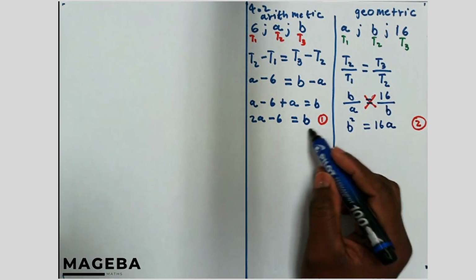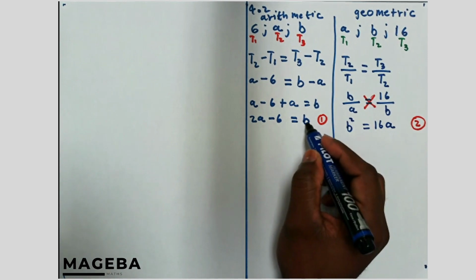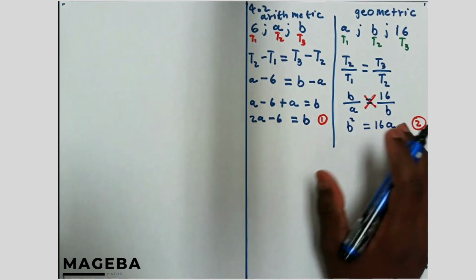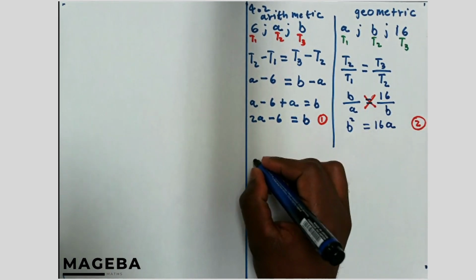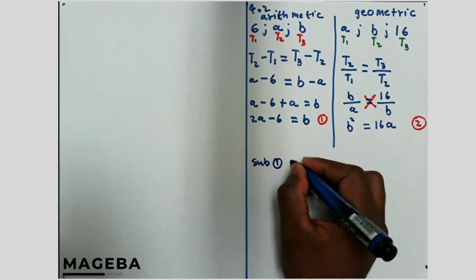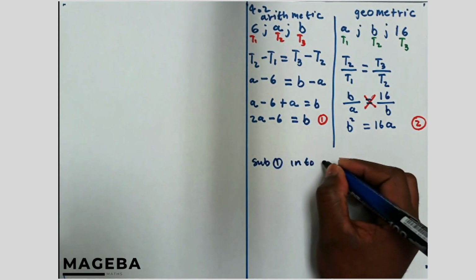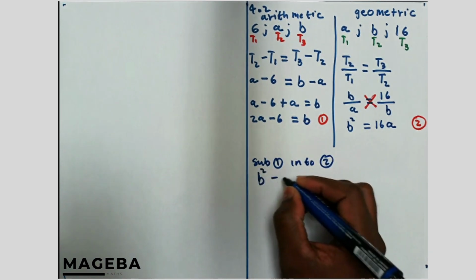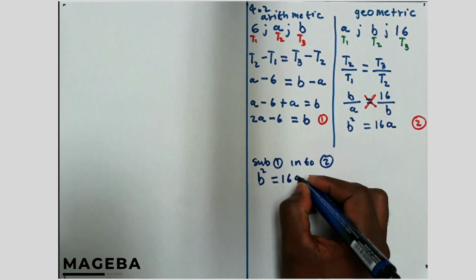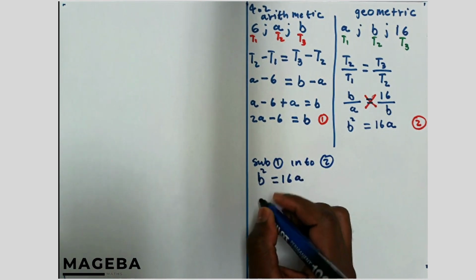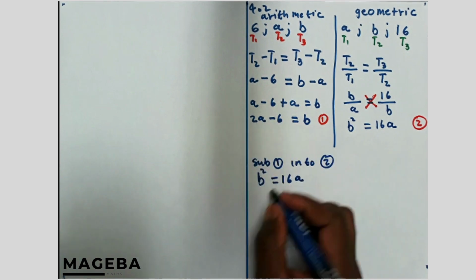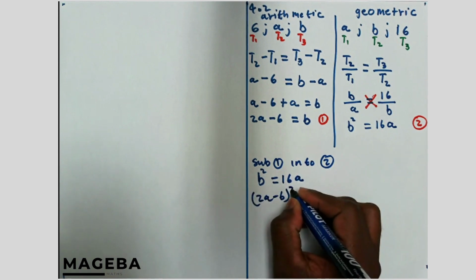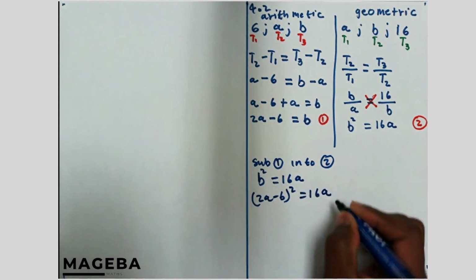From these two equations, I know that B is equal to 2A minus 6. Then I can substitute equation number 1 into equation number 2. Equation number 2 is saying B squared equals 16A. Where I see B, I put 2A minus 6, so 2A minus 6 squared is equal to 16A.